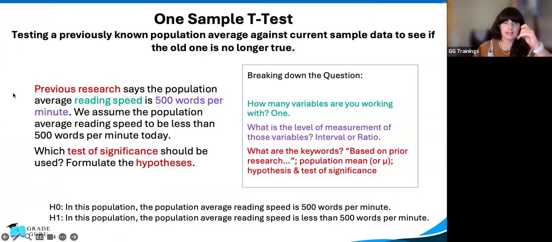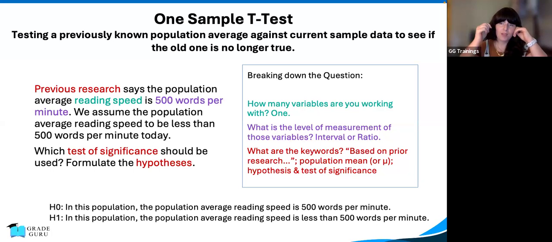Okay, your one sample t-test. So you're testing a previously known population average against current sample data to see if the old one is no longer true. Okay, so if you read the question, previous research, they love to say that. Based on prior research or previous research, says the population average reading speed is 500 words per minute. We assume the population average reading speed to be less than 500 words per minute today. So do you see what they're doing?